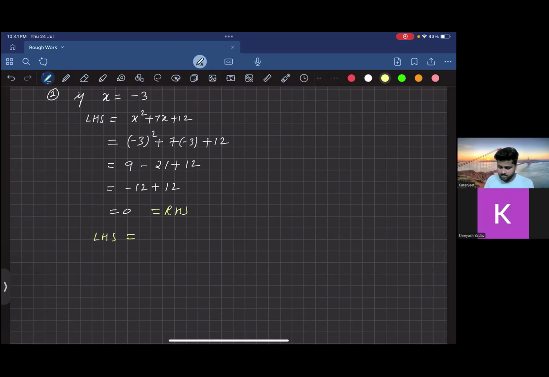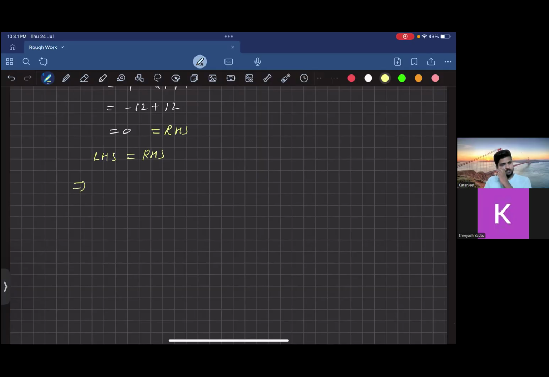Understanding, kids? So here we are getting LHS equals to RHS. Therefore, what will happen? x is equals to -3 is also a root of quadratic.